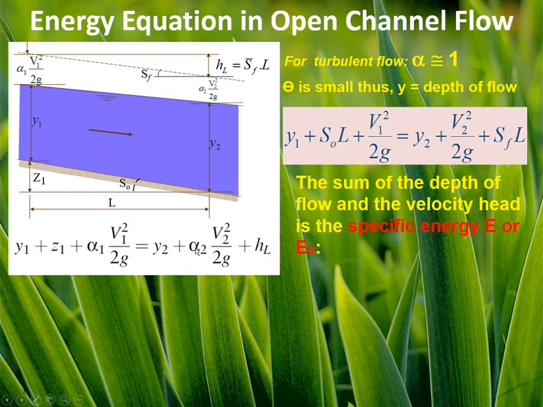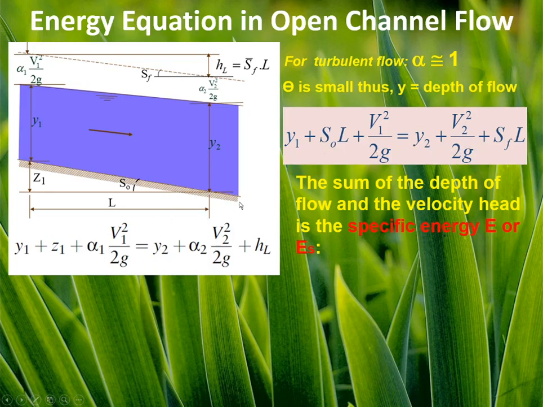And also in this equation, we know the value of hL equals friction slope times L. A new version of this total energy equation for the case of non-uniform flow, with the assumption that Z2 equals 0, can be given in this form.